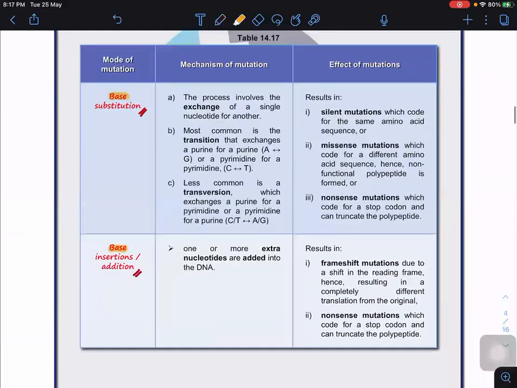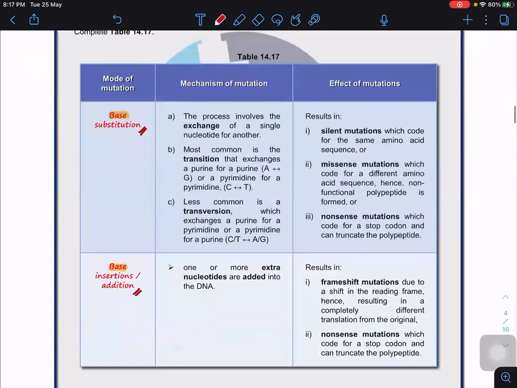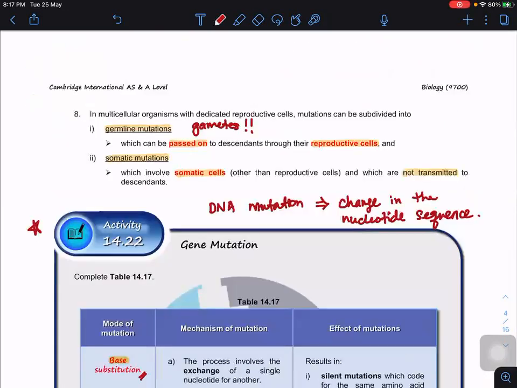But what is the definition of mutation? We have to word it in this way: DNA mutation is a change in the nucleotide sequence. Even though we always use the word base, actually we don't change the base only.